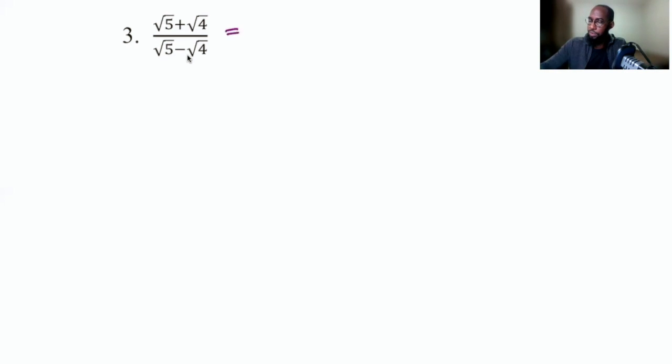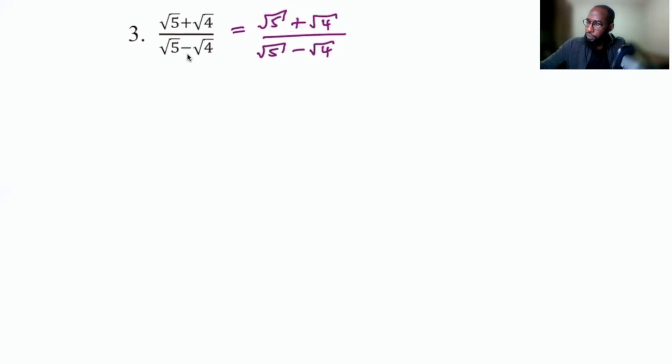So this is equal to root 5 plus root 4, right, and you're multiplying it by... So we have the situation here, whatever is the denominator here, since we have 2 different terms that have square root.